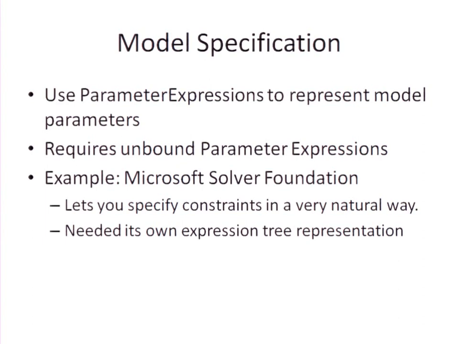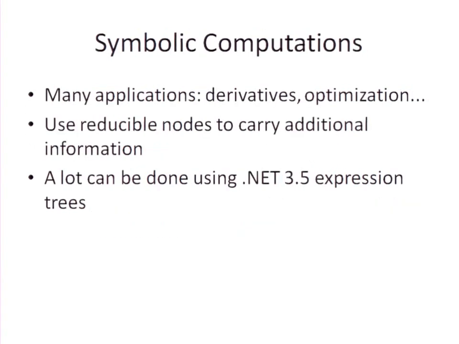So you know the type of the expression is completely specified and known at compile time. So if you can have those unbound expressions, then you can write out models more easily and effectively, and once again, it opens up a whole world.